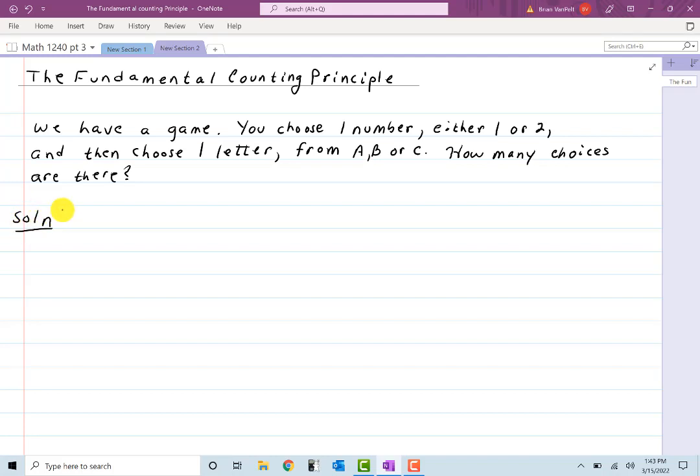Probably the easiest way to show this is to take a look at it. Your first choice is going to be a number, either 1 or 2. So you could pick the number 1, and after you choose the number 1, you pick a letter. That letter could be one of 3 choices, A, B, or C. So this shows you 3 possible outcomes. I have 1A, 1B, or 1C.